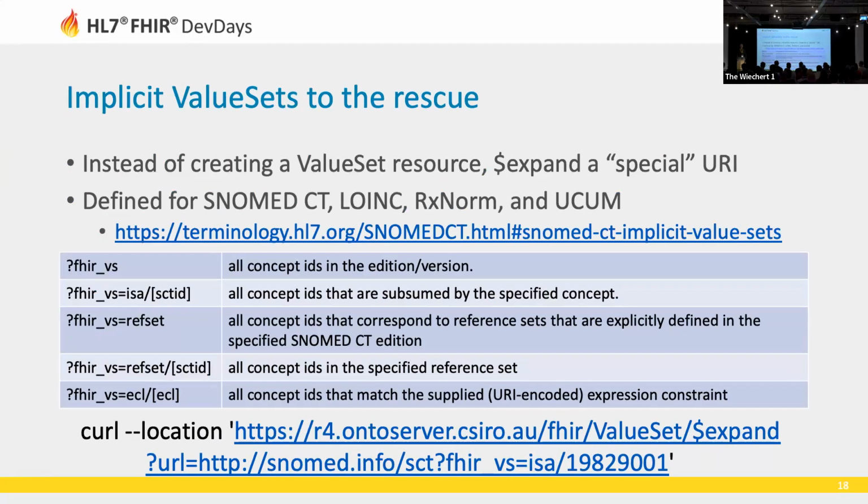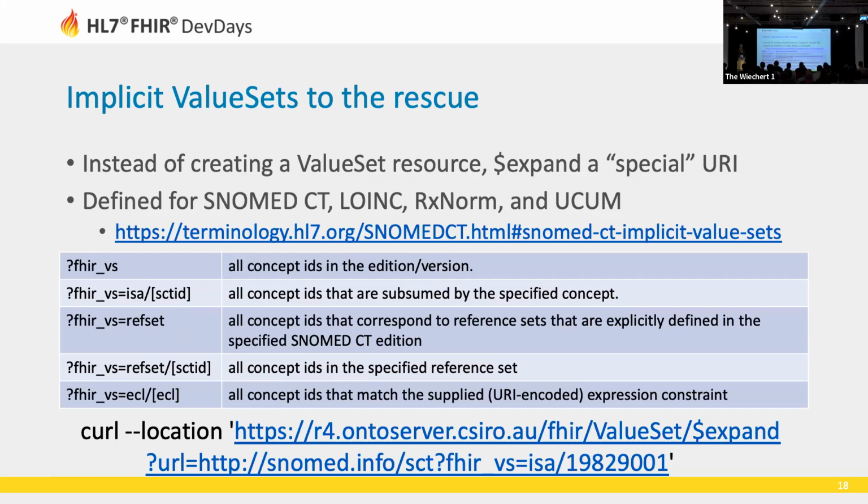Implicit value sets are awesome for this kind of use case where you're making queries that are ad hoc, or they're changing and you want to tweak them, or you're wanting dynamic functionality, which we'll get onto an example of in a moment. So implicit value sets exist for a bunch of different code systems: SNOMED CT, LOINC, FHIR, and they're defined in the FHIR specification.